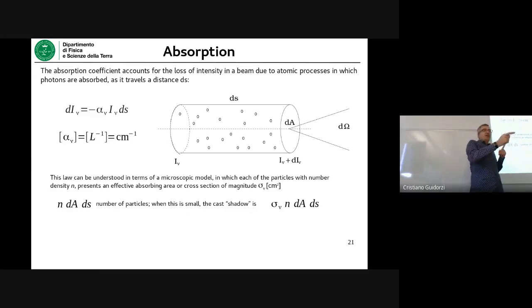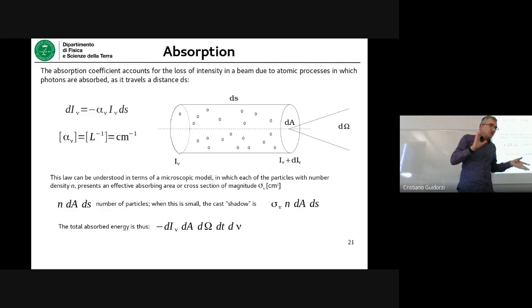Whenever a ray of light goes through and doesn't match any of these atoms, it just goes through. Whenever it matches one of them, it belongs to this fraction of area. So you can assume that the amount of radiation absorbed will be just the total radiation times this fraction, the fraction of area which is shadowed by all these absorbing atoms.